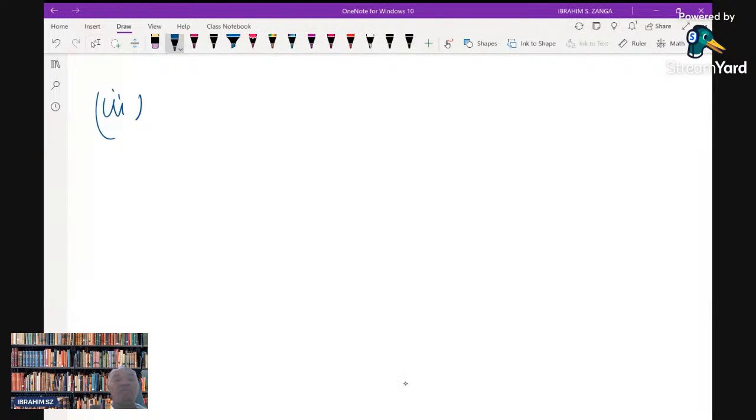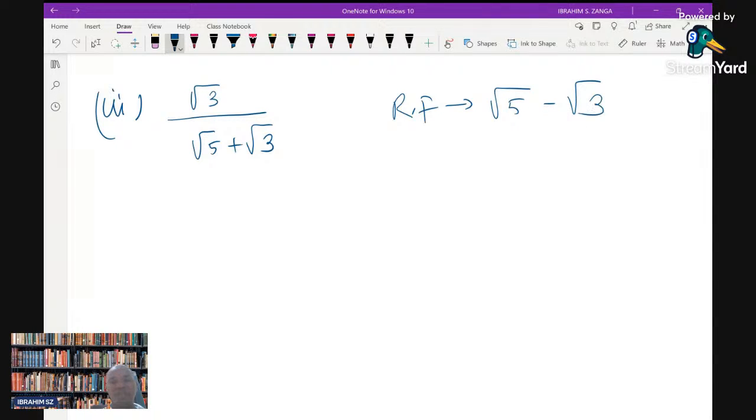Now, when you are given square root of 3 over square root of 3 plus square root of 5, I can interchange it. Actually, I can say square root of 5 plus square root of 3. So rationalizing factor here is going to be square root of 5 minus square root of 3.